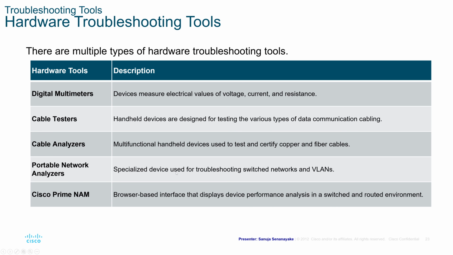There are these handheld devices, as well as small computers, even laptop software that you can plug into a network or a switch that will be able to analyze the network packets and network configurations as well as VLANs. Cisco Prime NAM is a web-based interface that displays device performance analysis in a switched and routed environment. This is a Cisco proprietary hardware tool that can be used.